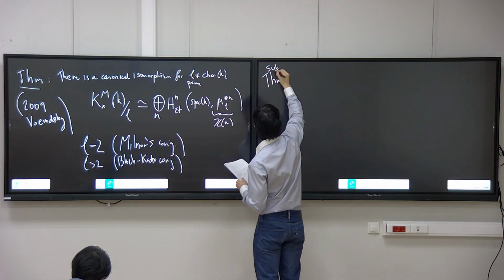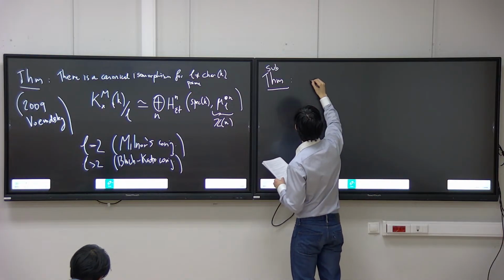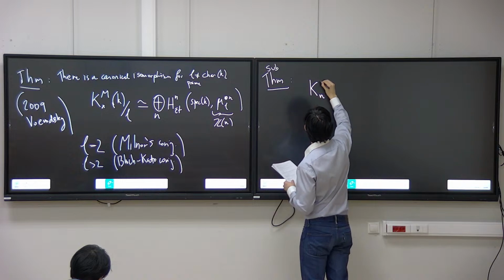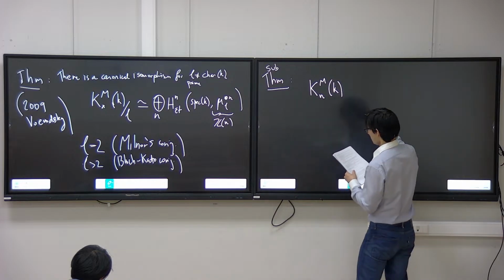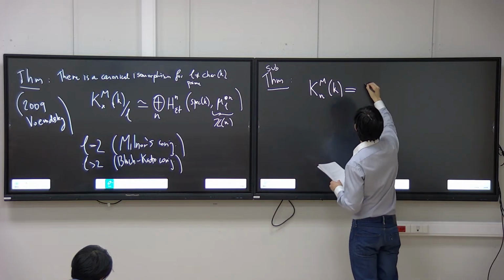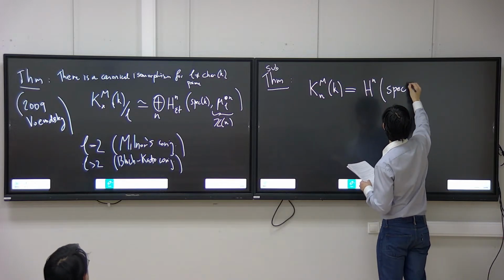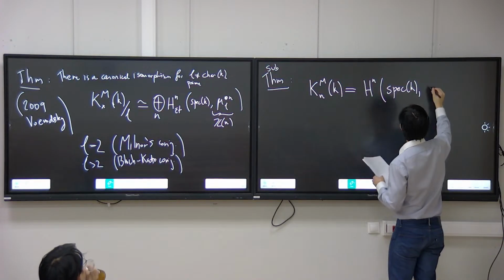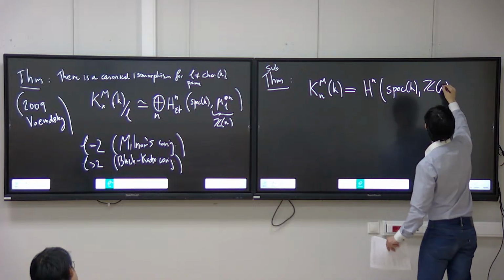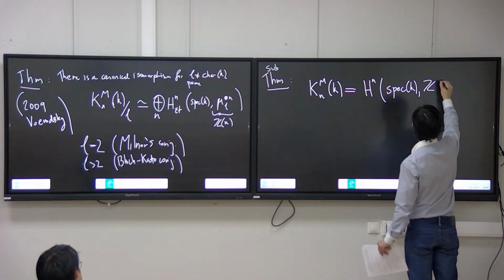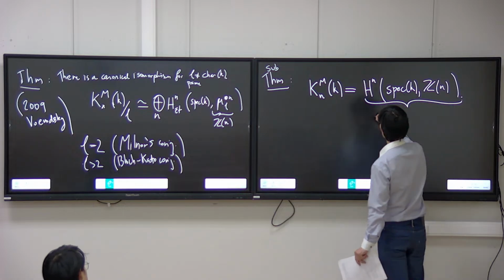Maybe a sub-theorem: if you take the nth Milnor K group, then this is the same as the nth motivic cohomology, let's say, of Spec of K, of Z(n). So this is motivic cohomology.